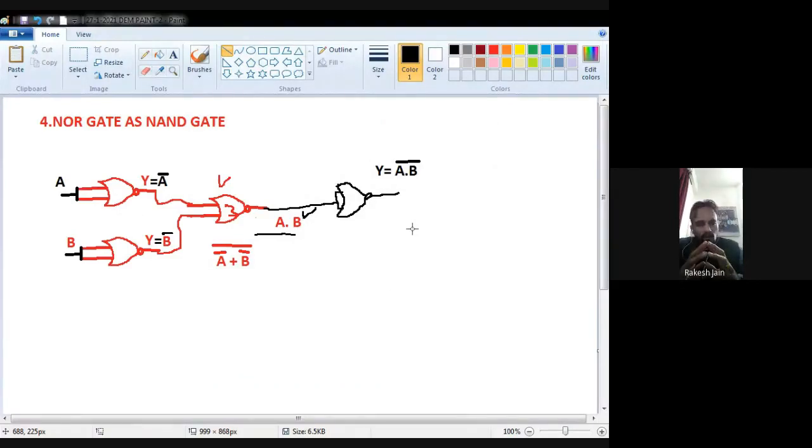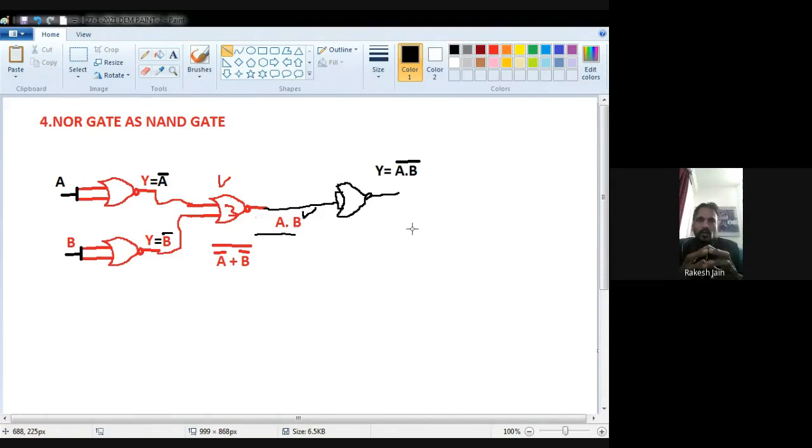I have to use only NOR gates for the total realization. So the first NOR gate behaves as a NOT gate, so input is A, output is A bar. The second NOR gate behaves as a NOT gate, so the input is B, output is B bar. Now with this A bar and B bar, I connect them in another NOR gate.